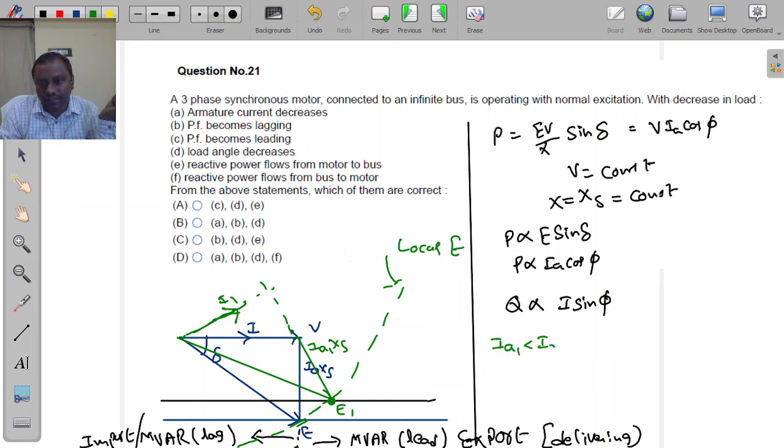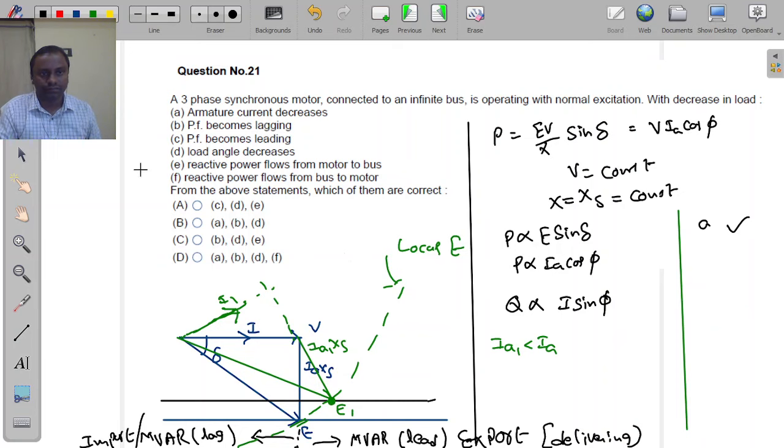IA1 less than IA means when you decrease the load, armature current is decreasing. Correct? When you decrease the load, armature current is decreasing. In the sense, option A seems to be correct.